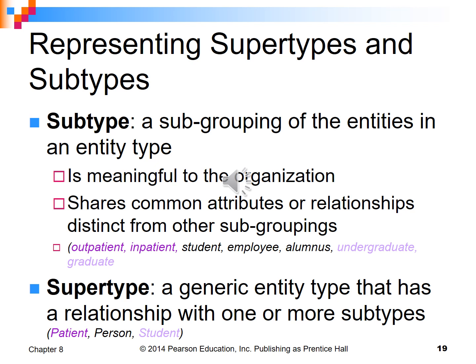For a patient, we have inpatient and outpatient in the hospital. In the university we could have a student or employee or alumnus. For a supertype, a generic entity type has a relationship with one or more subtypes, like patient, person, or student.